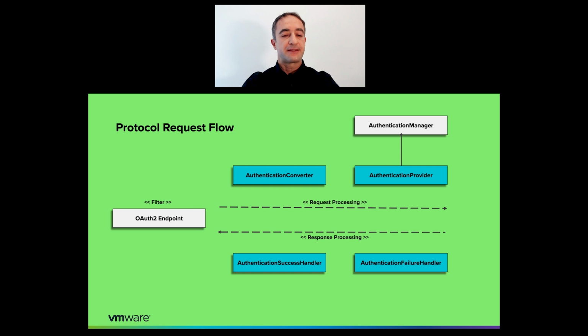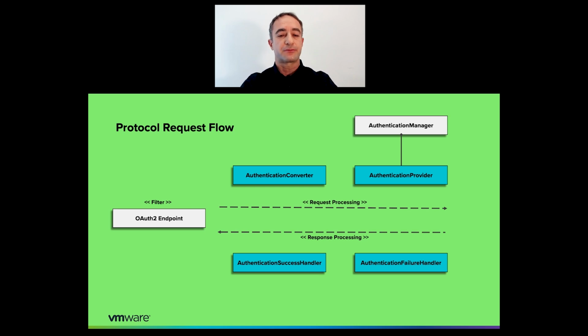code grant. The next step is that it would pass this authentication instance to the authentication provider indirectly. The authentication manager composes one or more authentication providers, and eventually the authorization code authentication provider will get called with this authentication instance. Then its responsibility would be to authenticate the authentication request.